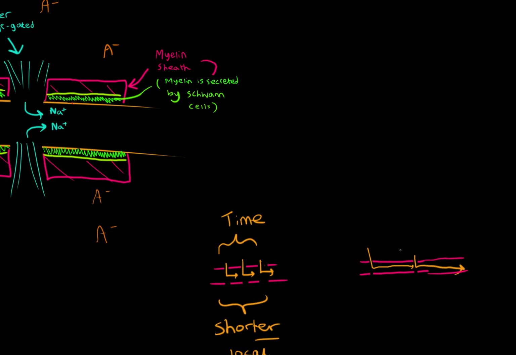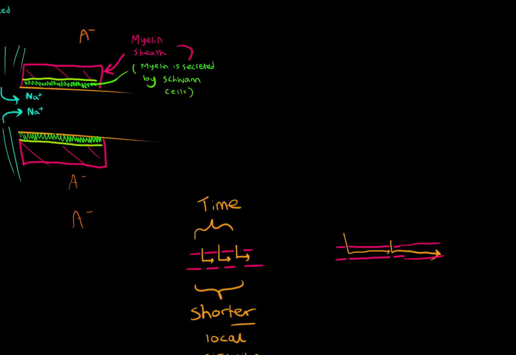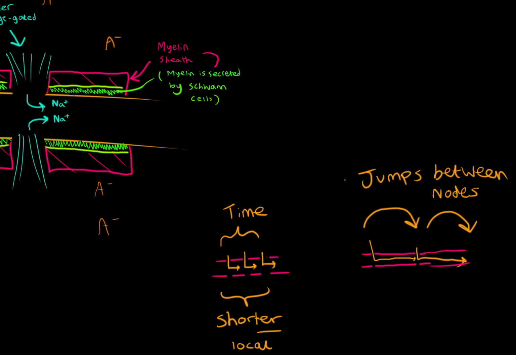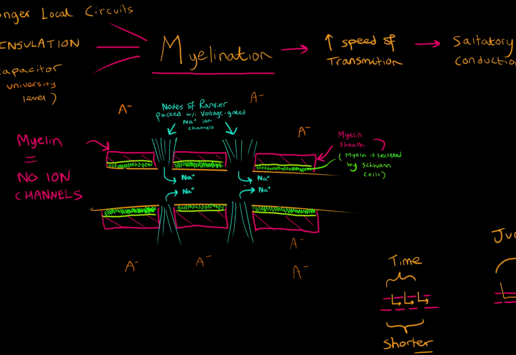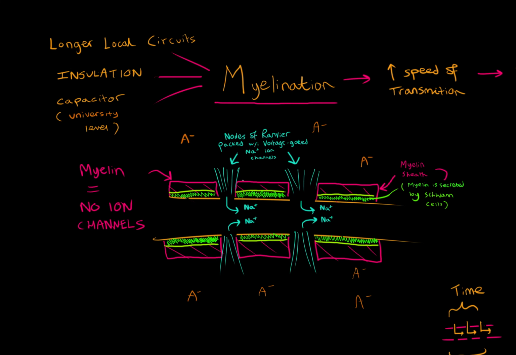It's almost like the electrical impulse is jumping between the nodes. And if you have studied Spanish, you'll recall that saltar means to jump. So saltatory conduction means to jump between the nodes. That's what myelination allows.